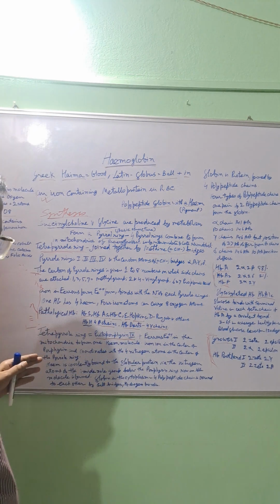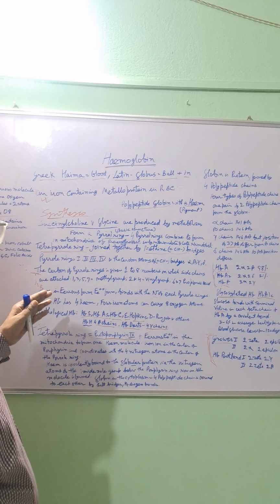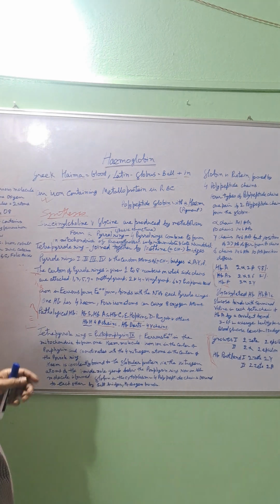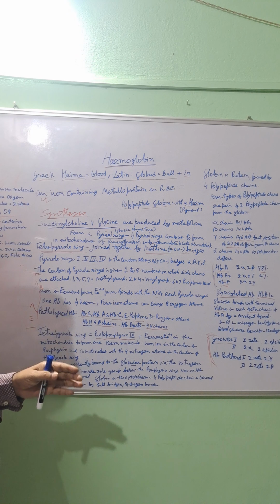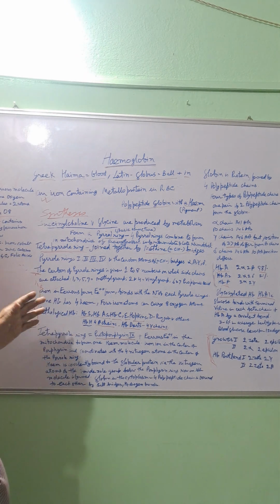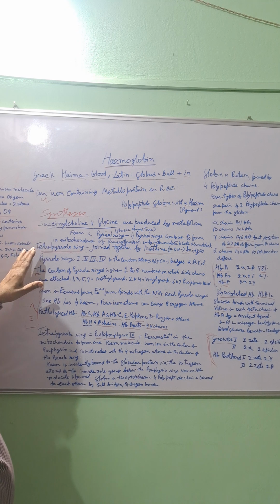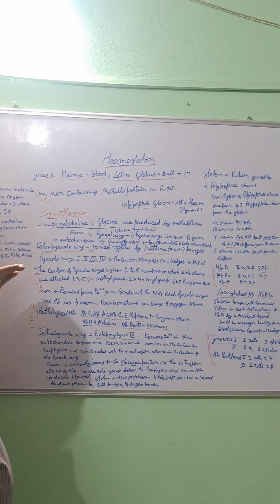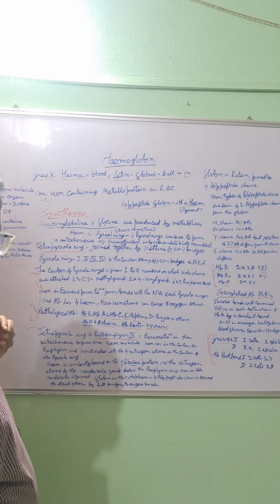These are the abnormal hemoglobins. So in this lecture, we learnt what hemoglobin is, the synthesis of hemoglobin, where it is synthesized, and the factors essential for its formation.